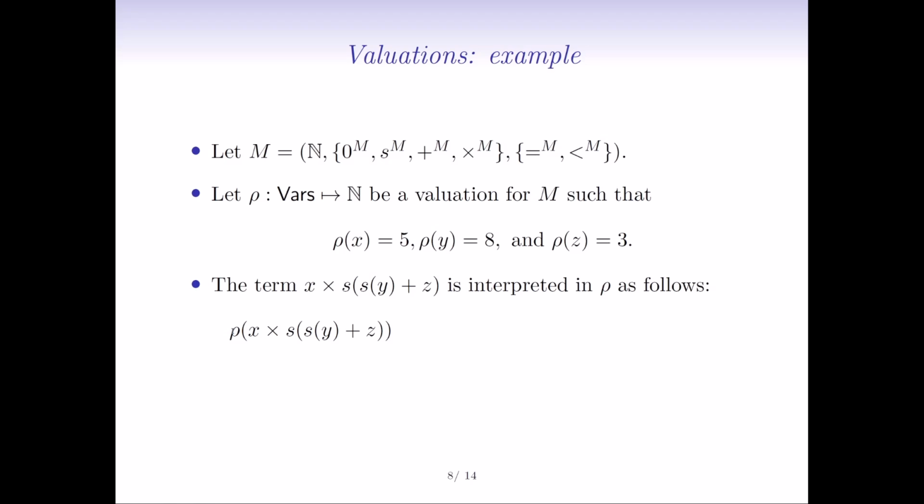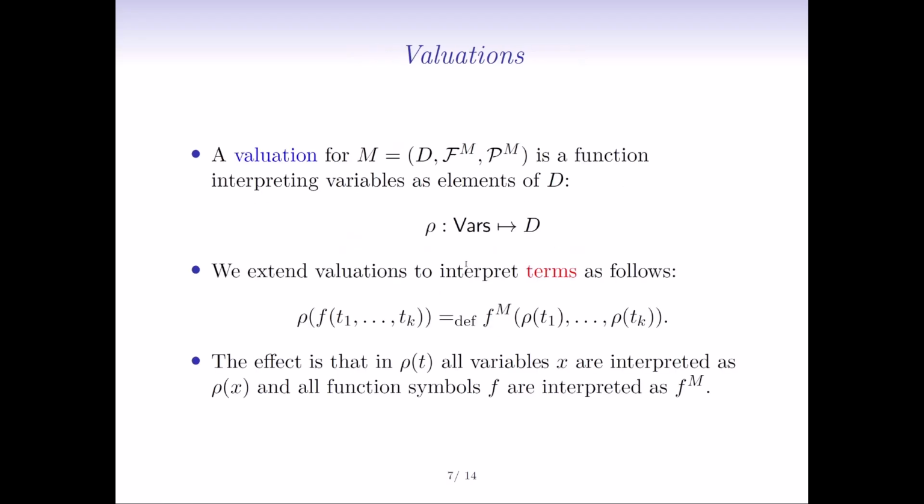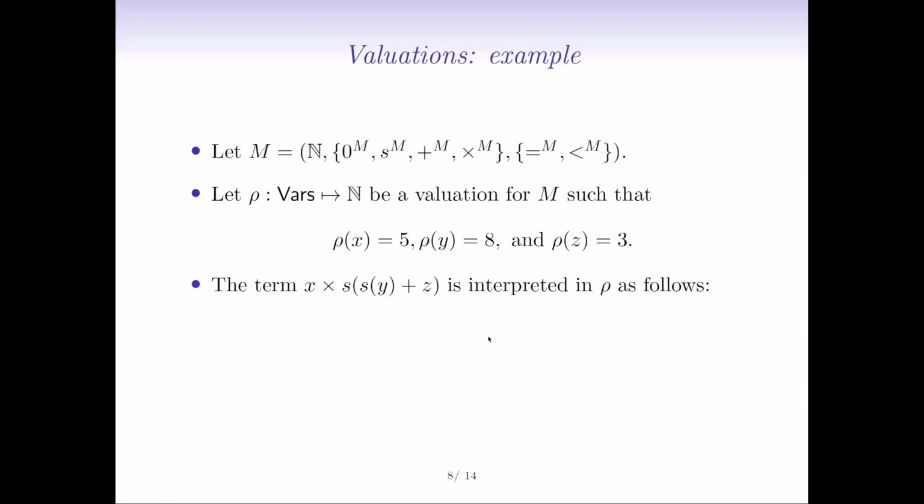So if I apply rho to this term, then that is equal to rho of x times m, because it's the real function, successor of m applied to rho of y plus m rho of z. Now, if you work through the clauses of this previous definition one at a time, you can see that that is correct. You'll have to apply it recursively a few times, but that is where you'll get to.